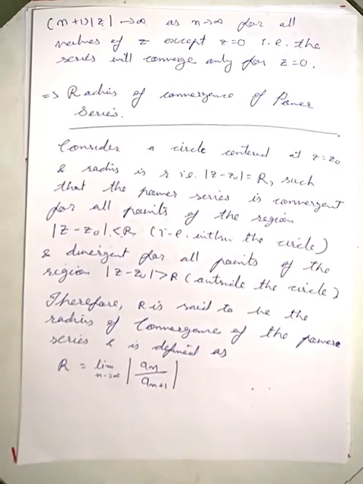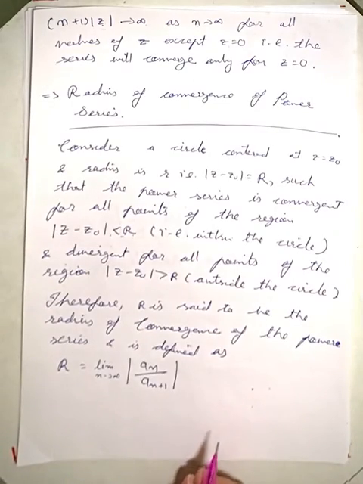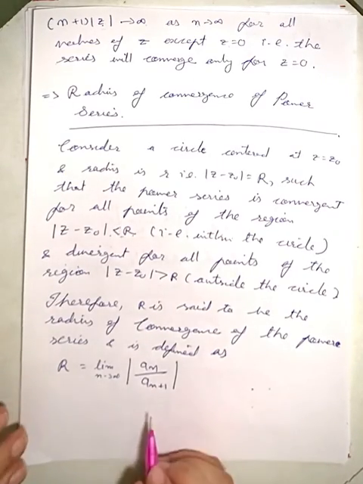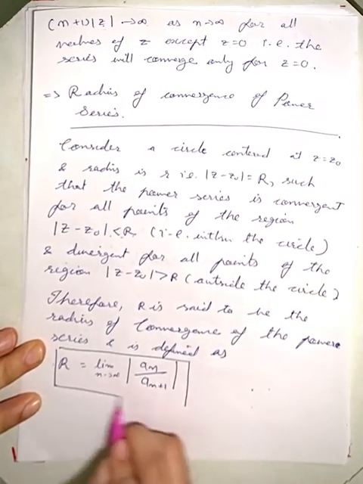I told you the coefficients: an is the coefficient of the power series. So this is just a formula for finding the radius of convergence.